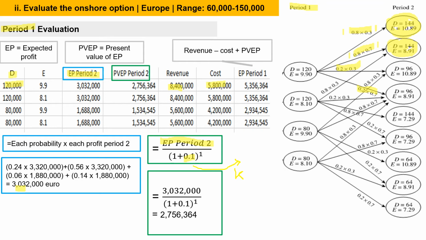And for the expected profit in this period, or the profit, we just calculate it from revenue minus the cost plus the PVEP. And as you can see the detail from the Microsoft Excel.